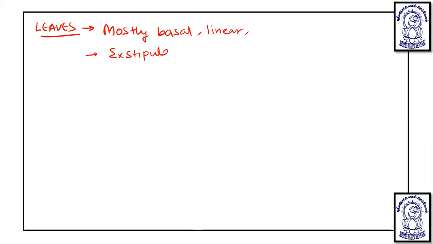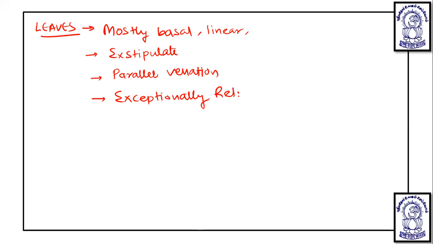Exstipulate means stipule is absent, and they have parallel venation. But exceptionally, reticulate venation is found in a member of this Liliaceae family, that is Smilax.